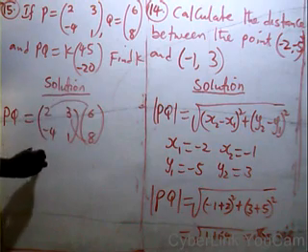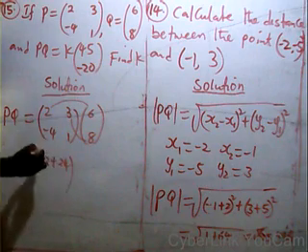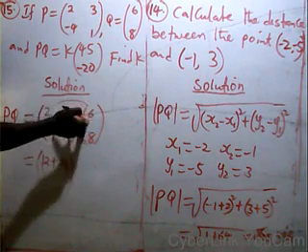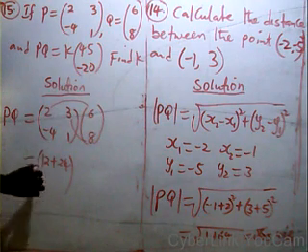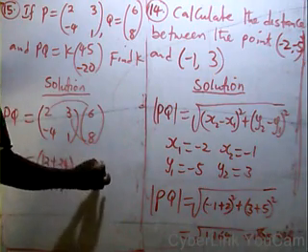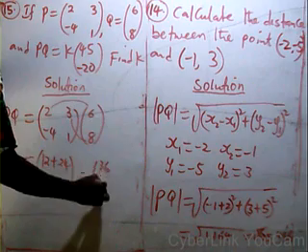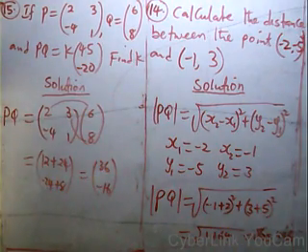This times this is 12, plus 24. And here, this times this, plus this times this, that is minus 24, plus 8. So I'm going to have 36 and minus 16. That's what I'm going to have, a column matrix.